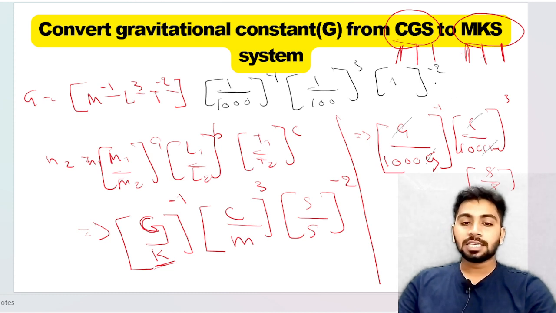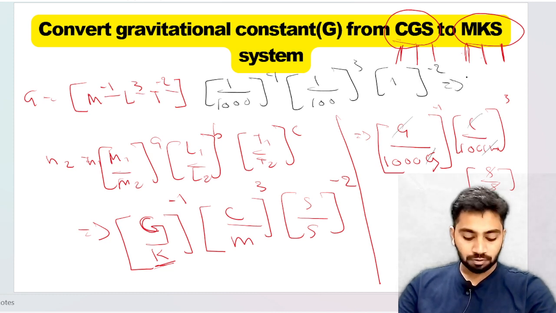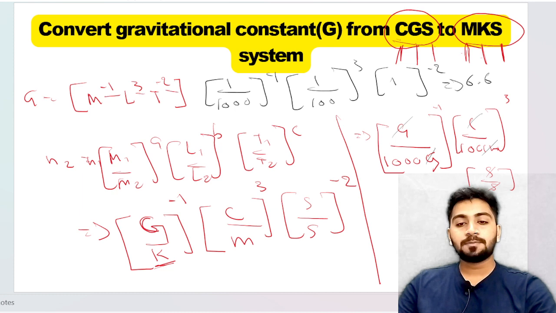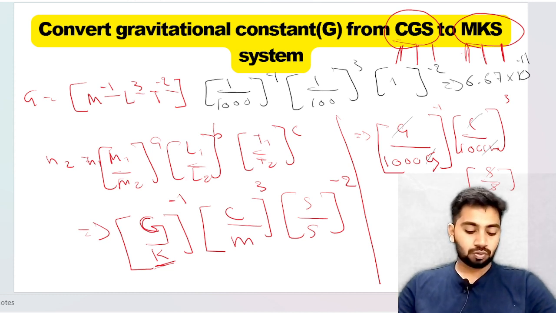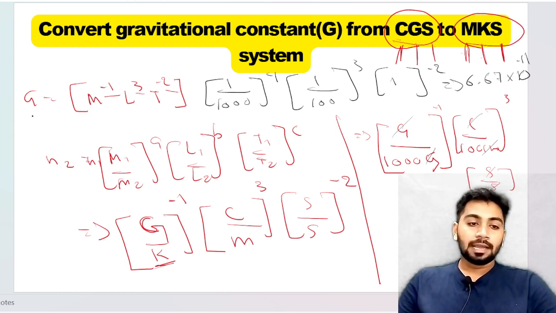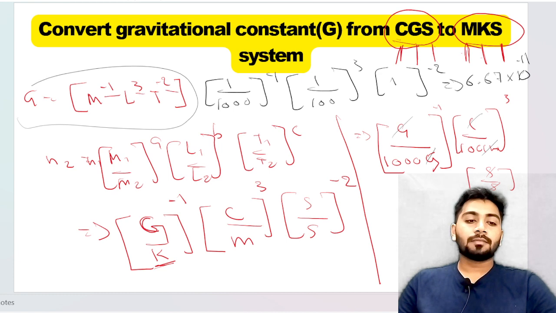If you solve this, you will get your final answer 6.67 into 10 to the power of minus 11. This is your gravitation force, and when you convert to MKS system, it will become this.